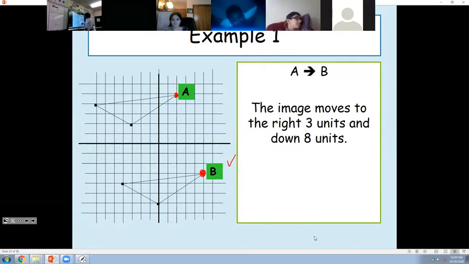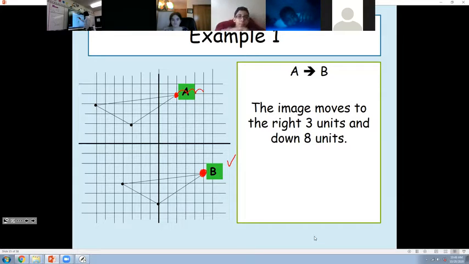How many units do I need to slide it to get to here? Let's count it. 1, 2, 3, all right? So 3 units right. How many down? 1, 2, 3, 4, 5, 6, 7, and 8. 8 units down.